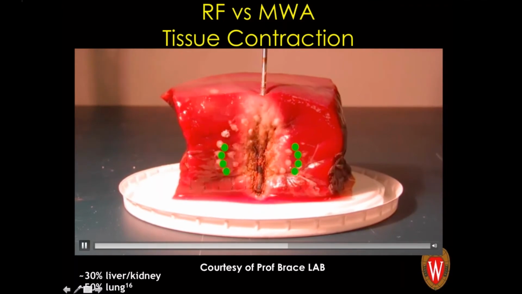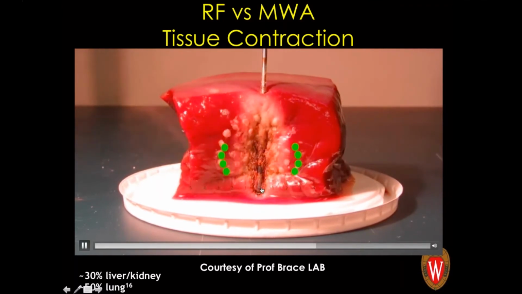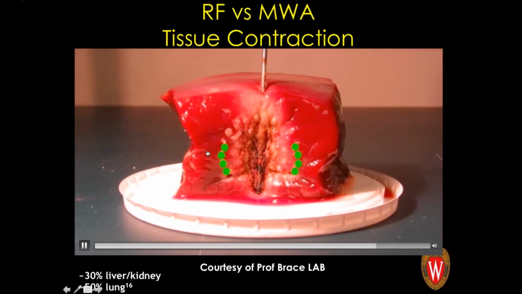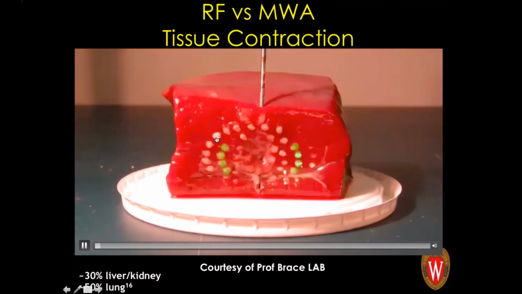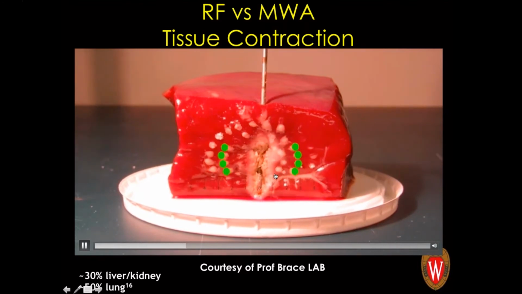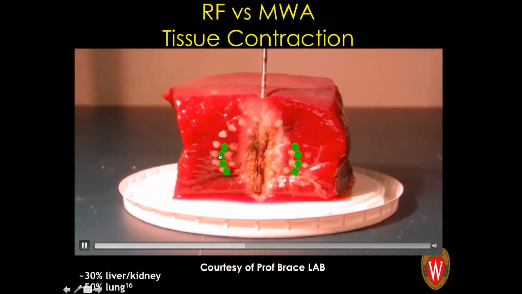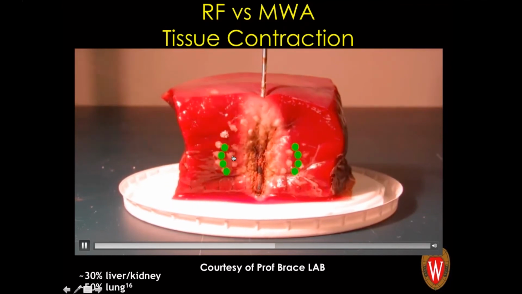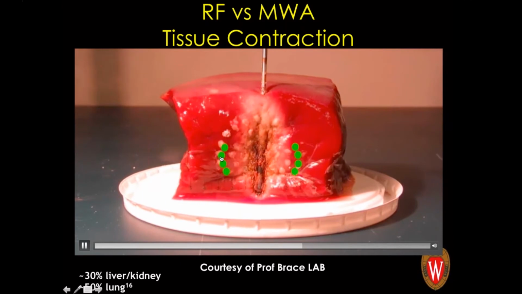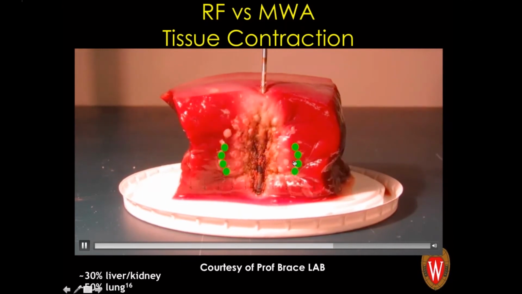You can see in this lab test, we inserted markers in the tissue before ablation, and the distance is 4 centimeters. When we start the ablation, you can see that the tissue contraction reduces this diameter, and we arrive at 3 centimeters.